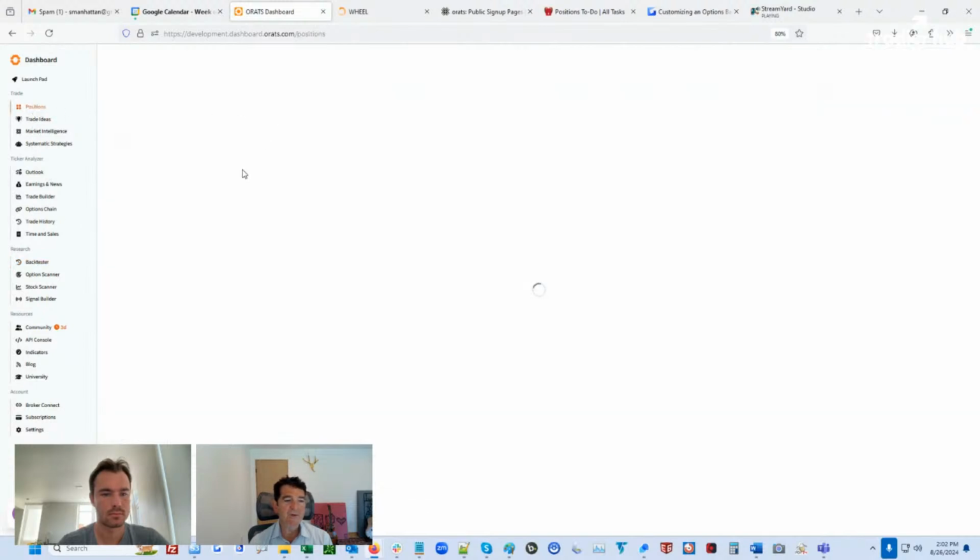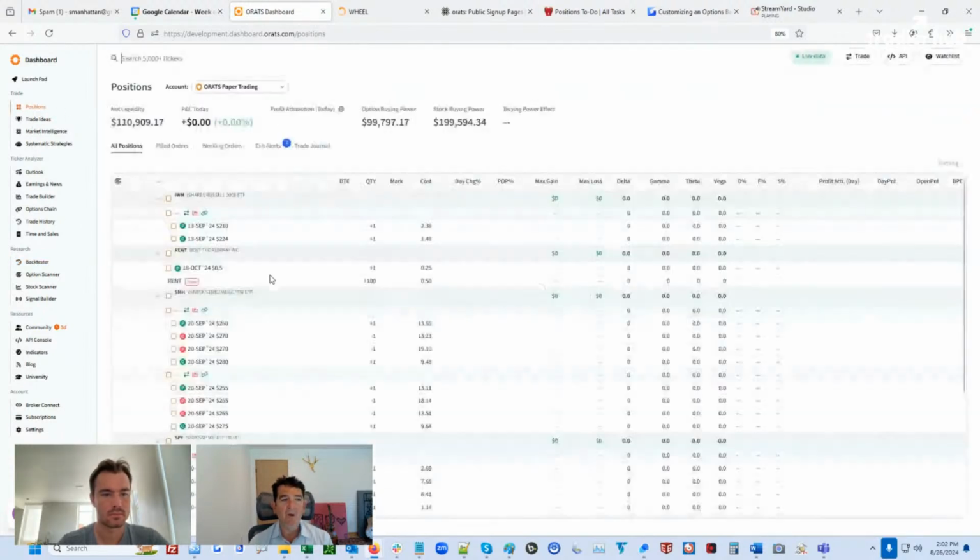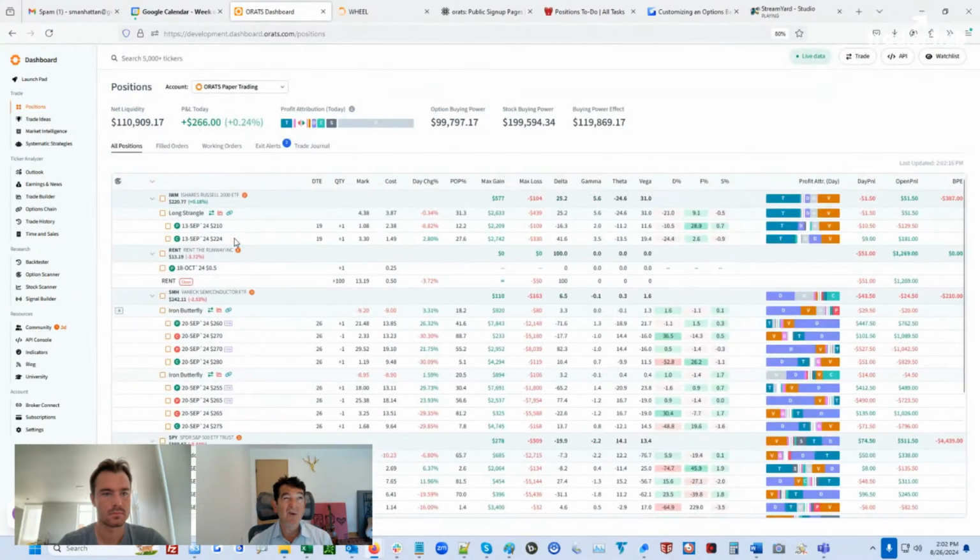If we go to the positions tab again, last week we put on a long strangle in IWM at 387, and we're up a fair amount on it. Like I said, I think we're going to let it go based on that research in the backtesting.